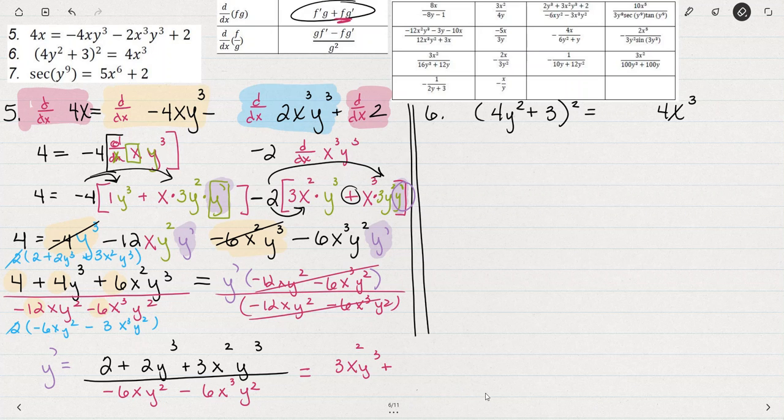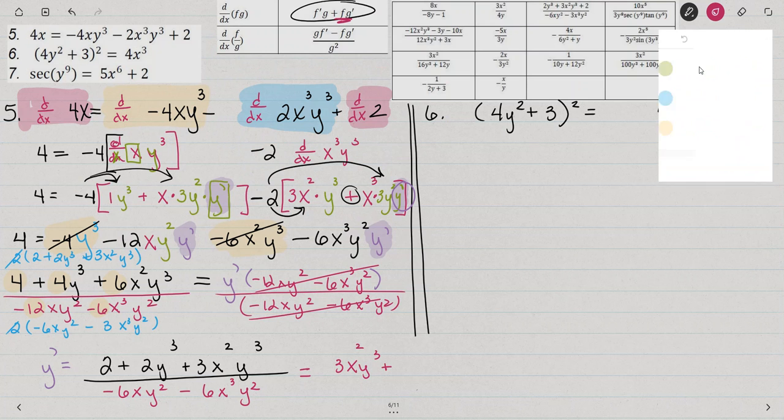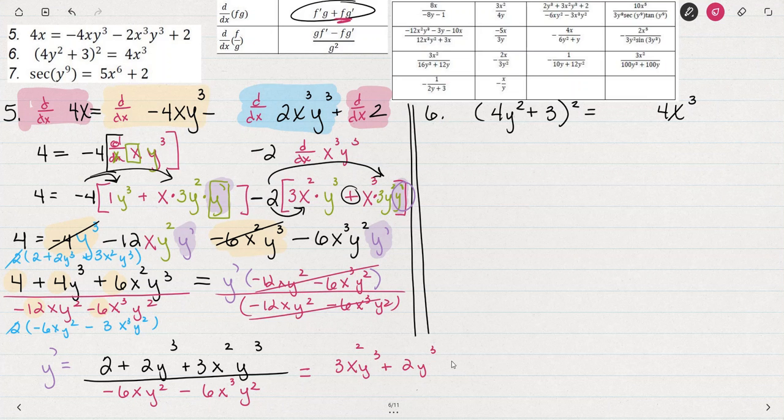And then the 3rd degree term plus 2y cubed, and then the constant 2. And same thing in the denominator. And also I could factor out a negative here and have negative 6x, so take the opposite, and then it's 6x cubed y squared plus 6xy squared. I'm going to look at this one more time.